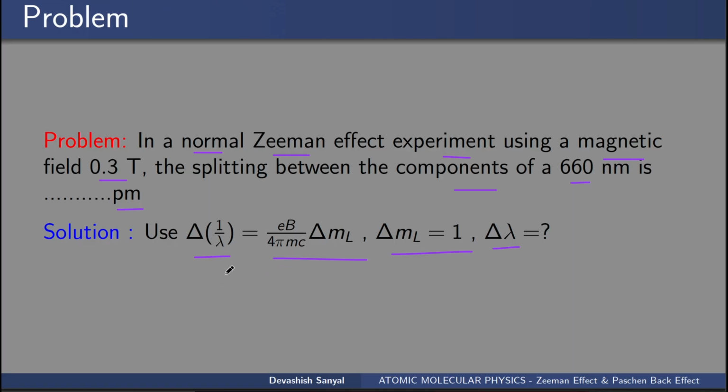So delta lambda is actually, we know that delta of 1 by lambda is equal to minus 1 by lambda squared into delta lambda.